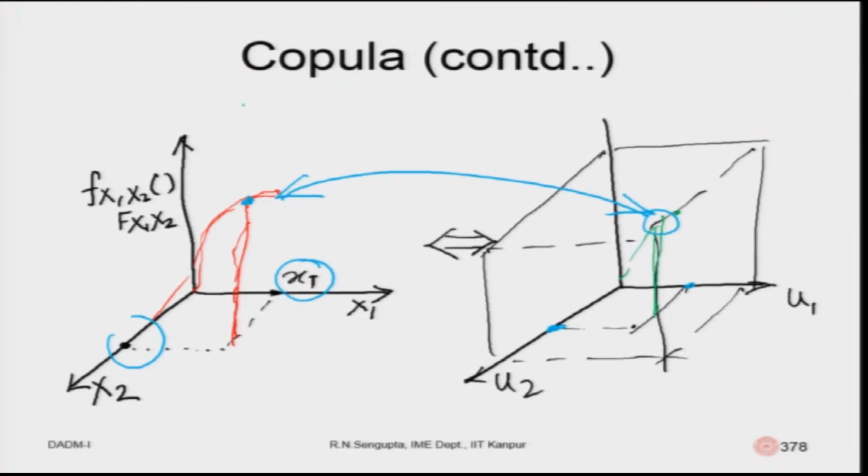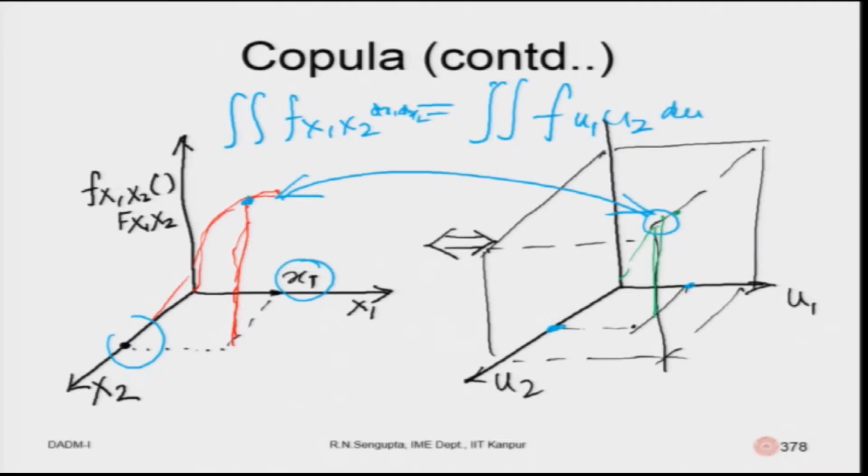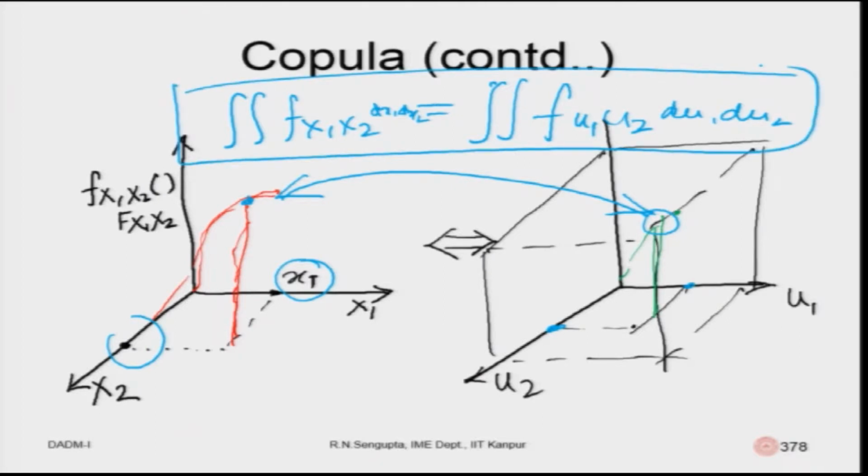So, here double summation of the total area. So, it will be the double summation of f of u1, u2. Obviously, here dx1, dx2, du1, du2 will come. So, based on that you can find out the copulas as given. This is the idea which we have.